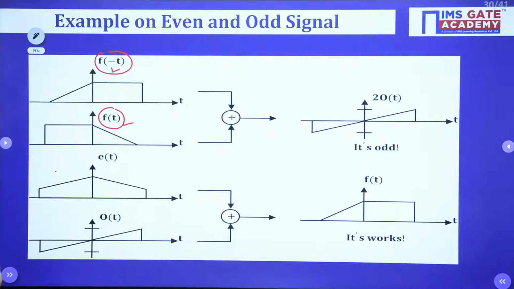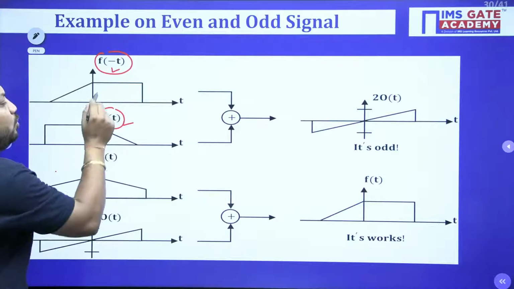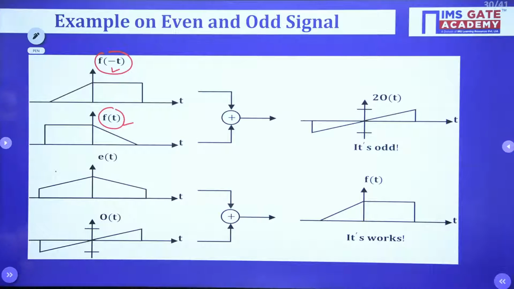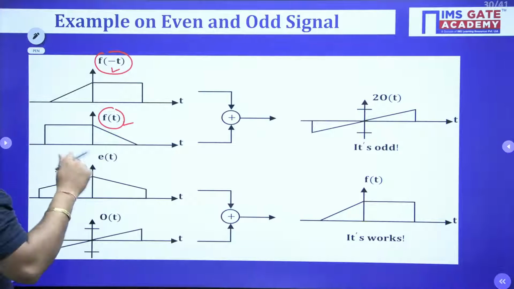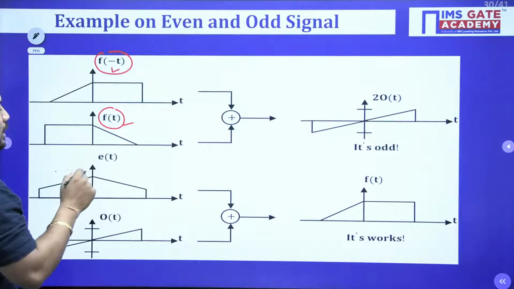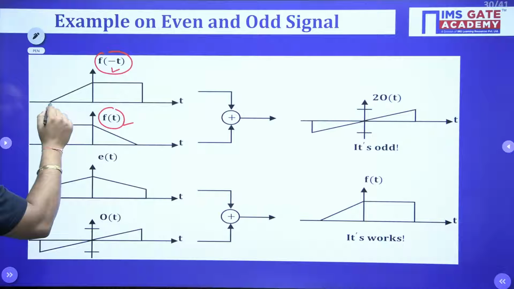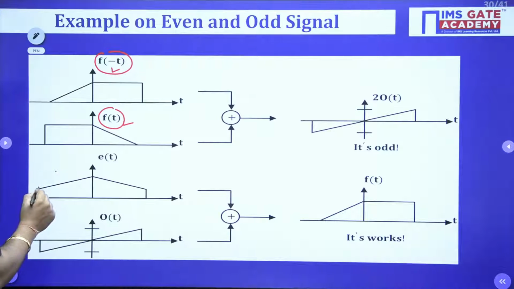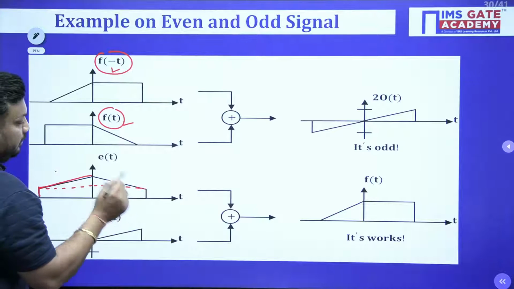To find the even component we have to add them. When we add this one and this one, here you will get a temple shape like this. This is the even component.